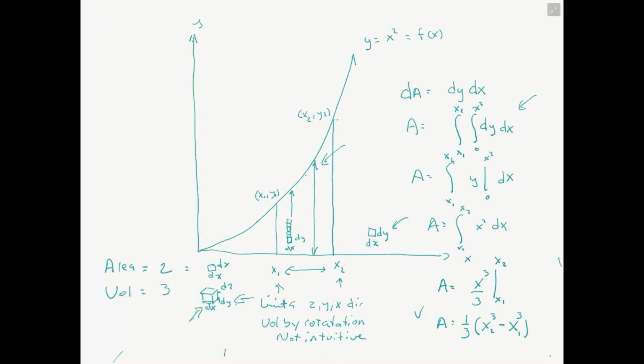So we'll get into that. We'll take a look at that. But you could see that the thought process is much more logical in setting up an area problem this way in terms of dy dx, and then summing up these infinitesimally small areas between your limits of integration in both directions.